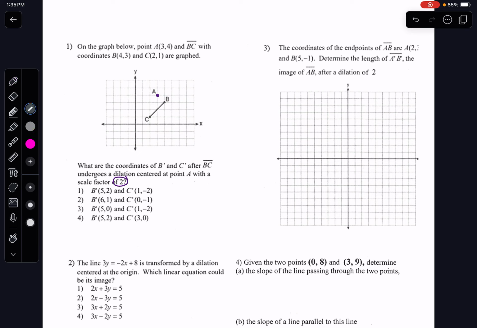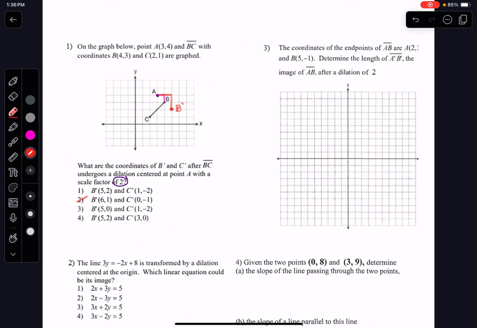So if I look, my original distance from A to B is 1 right, 1 down. So my new distance will be 2 right, 2 down to create B'. So B' is going to be located at 1, 2, 3, 4, at (5, 2).